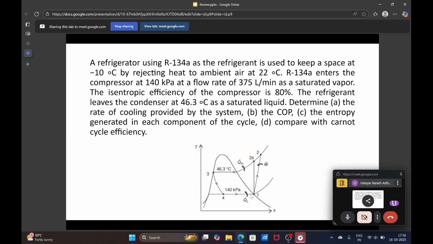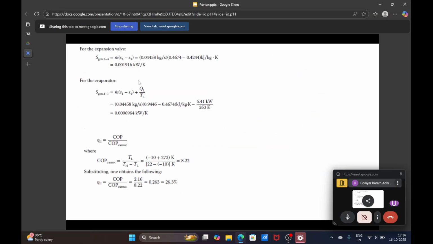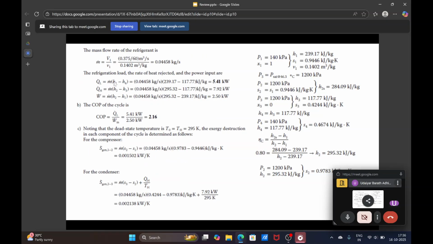So now the refrigeration load is m dot into H1 minus H4, which is the cooling provided here. So QL is m dot H1 minus H4. Substituting the values, m is 0.04458 multiplied by H1, 239.17, minus H4, 117.77 kilojoule per kg, which gives you a cooling load of 5.41 kilowatt.